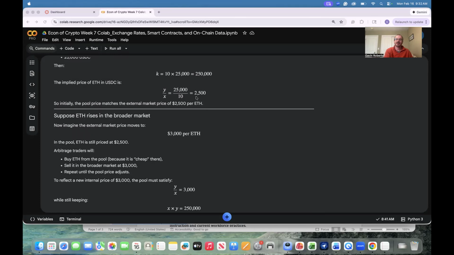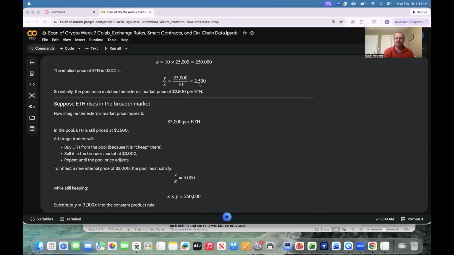Well, when they buy Ethereum from the pool, what is going to happen to the amount of Ethereum in the pool? Maybe it goes to nine. And then 25,000 divided by nine is going to become a bigger number. As the 10 decreases, the denominator decreases.